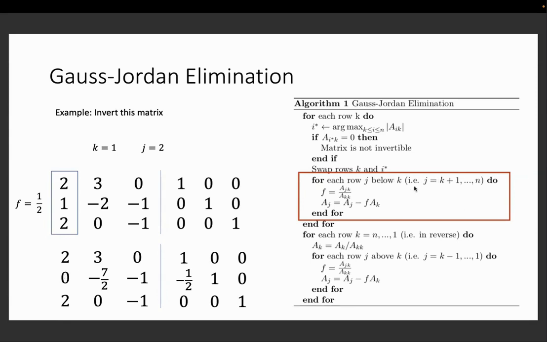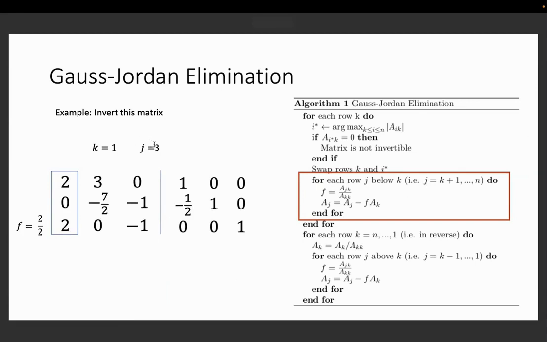Then we have another row, the third row, j equal to 3, and we also need to compute the scale factor here, which is equal to A31, which is 2, divided by A k k, which is A11, and A11 is 2.